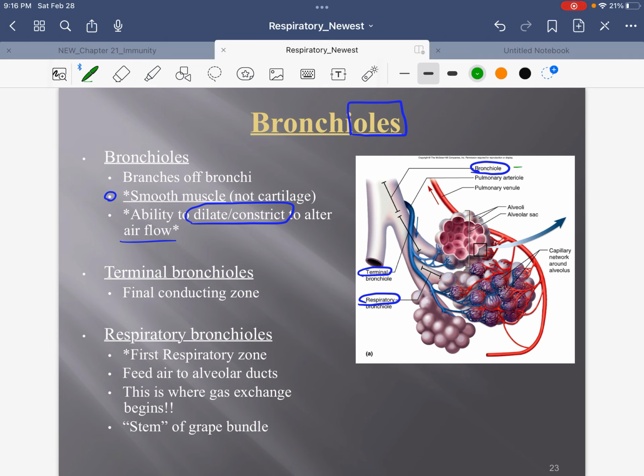So again, what's the order? Bronchiole. The bronchiole branches into terminal bronchioles. Each terminal bronchiole branches off into respiratory bronchioles.